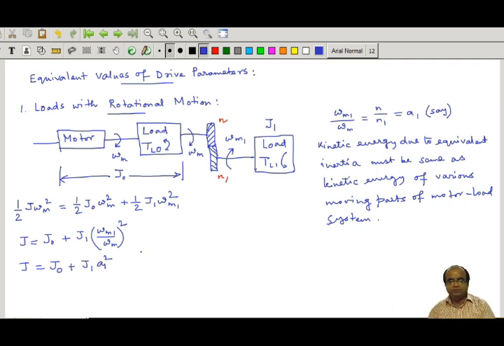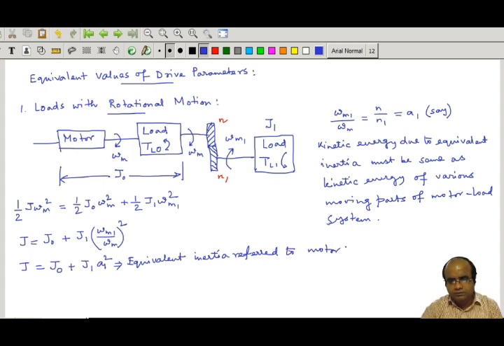Okay, this is the equivalent inertia referred to the motor shaft.